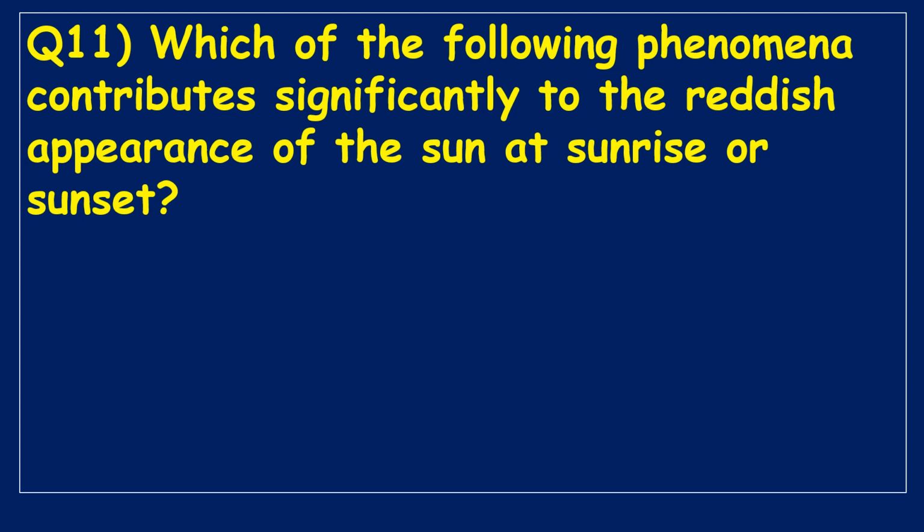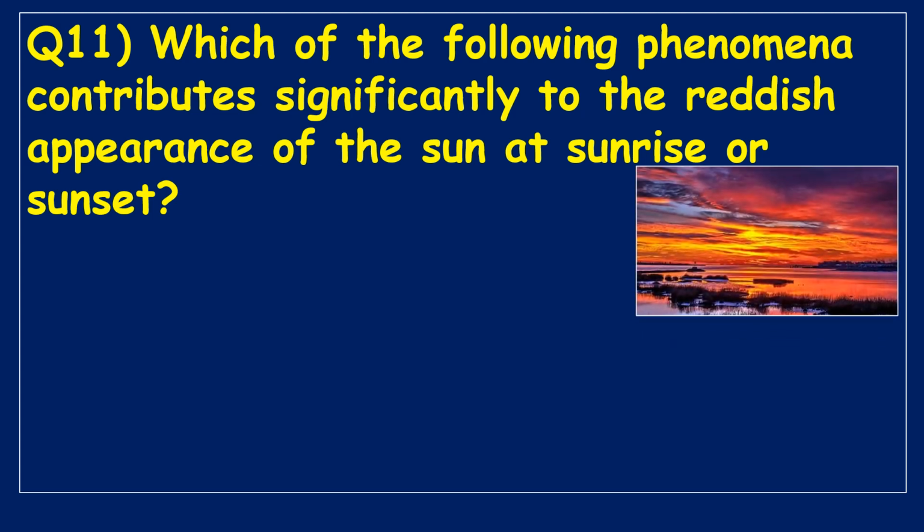What is the phenomenon that makes the sun appear red during sunrise and sunset? See this picture. I think this is sunset. You can see the sky and everything, even the sun, will look reddish yellow, reddish orange like that. So what is the phenomenon behind this appearance?